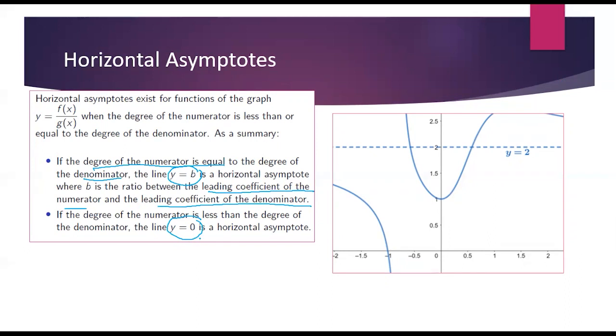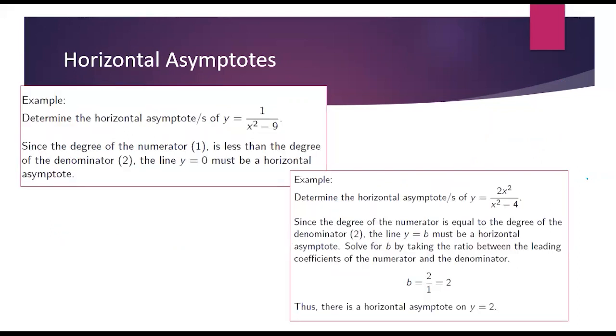Here is an example of your horizontal asymptote, the broken line here. Let's consider this particular example. We have to determine the horizontal asymptote or asymptotes of y is equal to 1 over x squared minus 9.